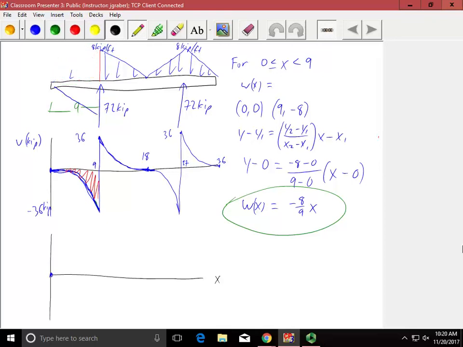If I erase this top part and I draw the loading like this, isn't that exactly the same problem? And it's going down, right? The problem is, if you look at this on an XY plot, it's going to look like that, because you start at 0 and you start going negative. When we put our loading, we often draw it the other way, whereas it looks like it's going up, but the arrows are pointing down. Don't let yourself get confused.